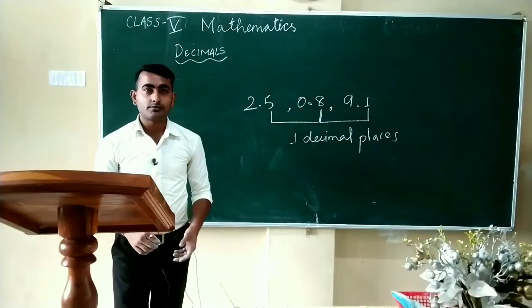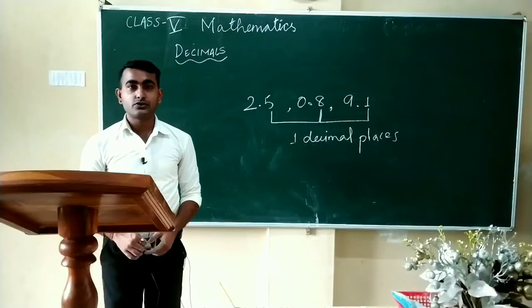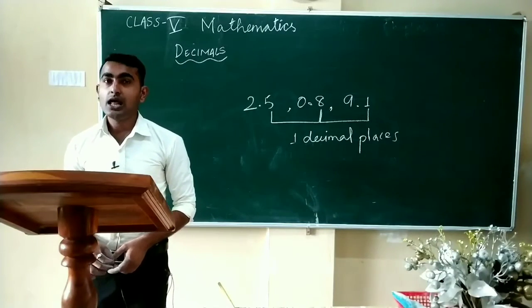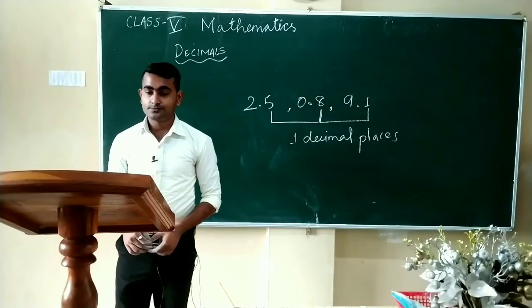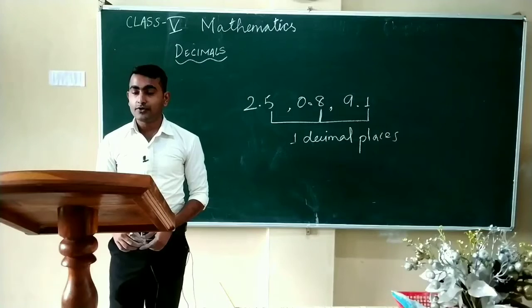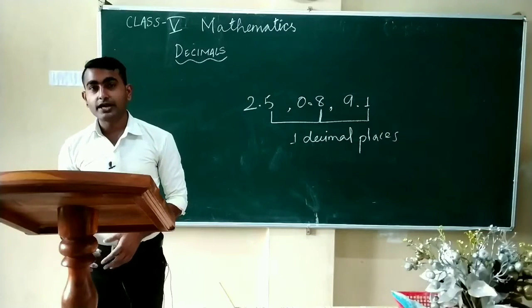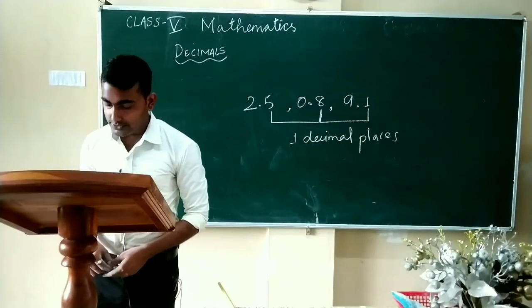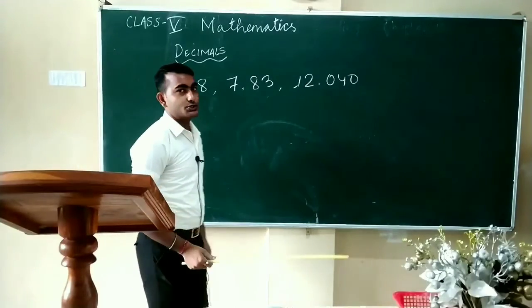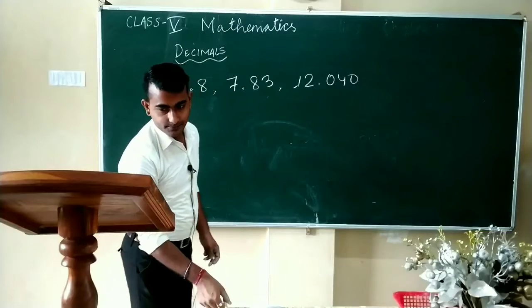Decimals having different numbers of decimal places are called unlike decimals. For example, 1 by 2, 4.05, 0.876 are all unlike decimals. Remember one thing, unlike decimals can be converted to like decimals by finding their equivalent decimals. For example, convert these decimals into like decimals.